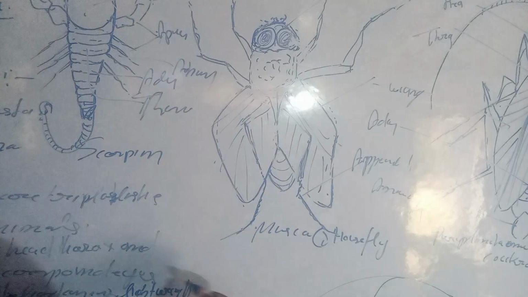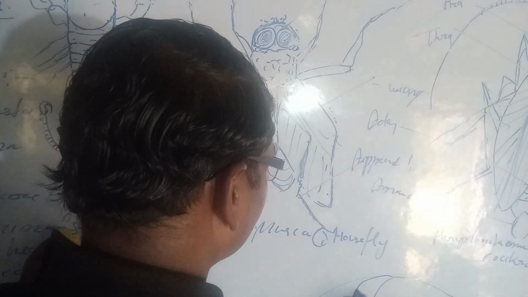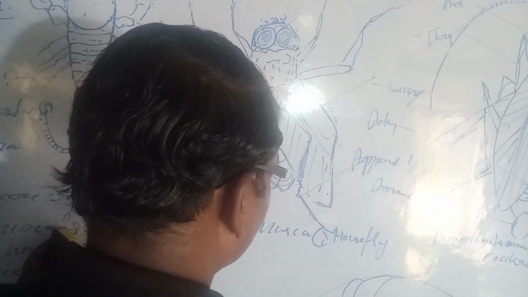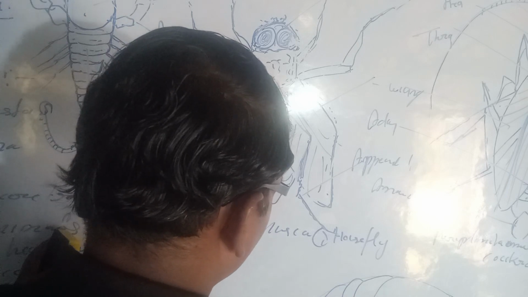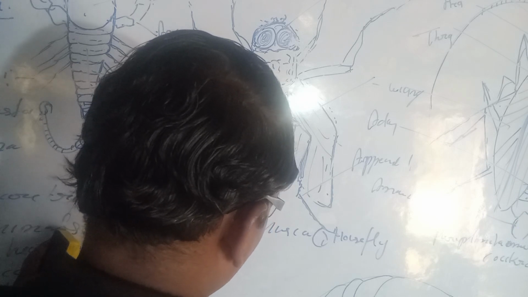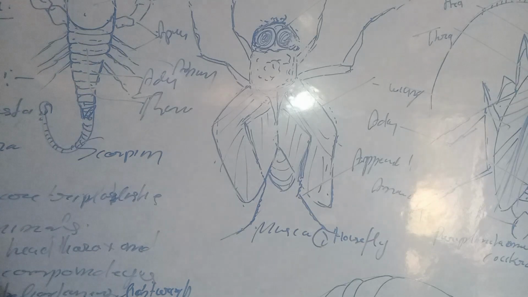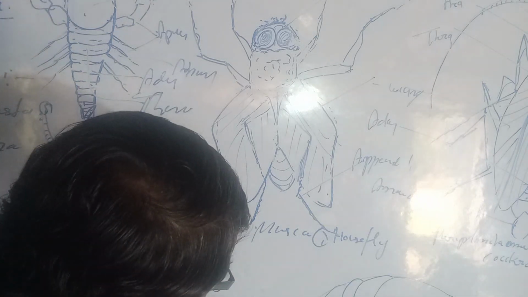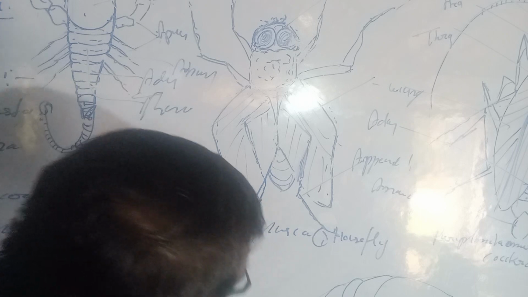Here are the structures of the Palaemon, the prawn, and we are going to draw them here. Here are the structures of the prawn. We will see the two parts here.